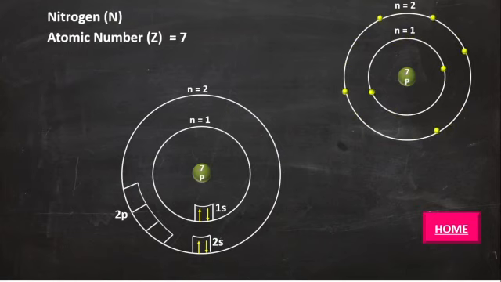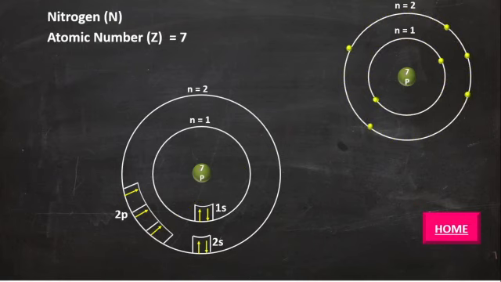Then fifth electron goes into one of the empty orbitals of 2p. Sixth electron will occupy the other empty orbital, and seventh electron will occupy the third empty orbital.